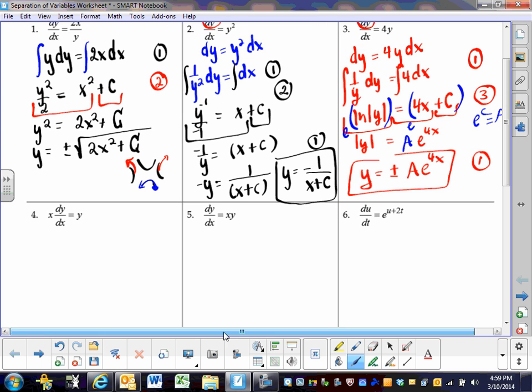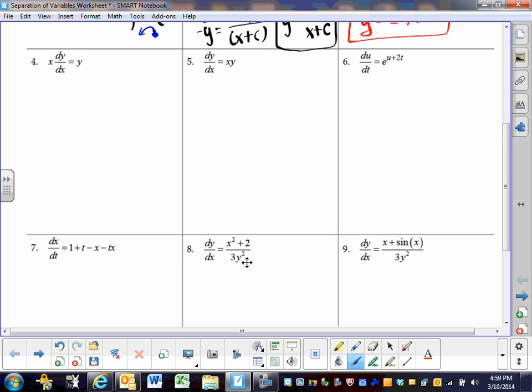And remember we said that e to the c is going to come down and just be called a. So that is a e to the 4x. So without an initial condition, when I drop the absolute value, y is going to be plus and minus a e to the 4x, depending upon whether or not the initial condition was positive or negative. So again, this one could be worth 5 points without an initial condition. If you had the initial condition, you could get 6 points.